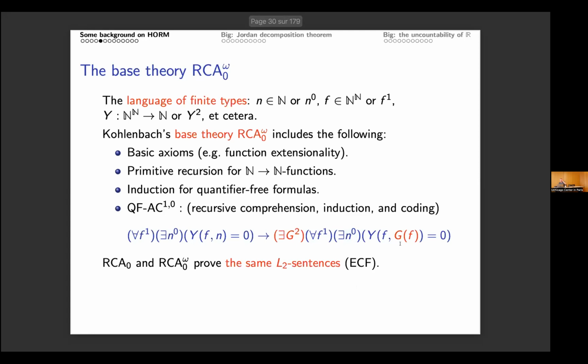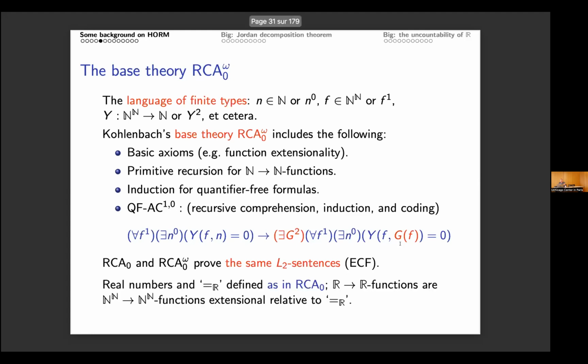All right. Now, what is important? RCA0 and RCA0 little omega give the same L2 sentences. This is proved using the ECF translation, which I would also write on the slide now. And the real numbers are fast converging Cauchy sequences, as you know from RCA0.